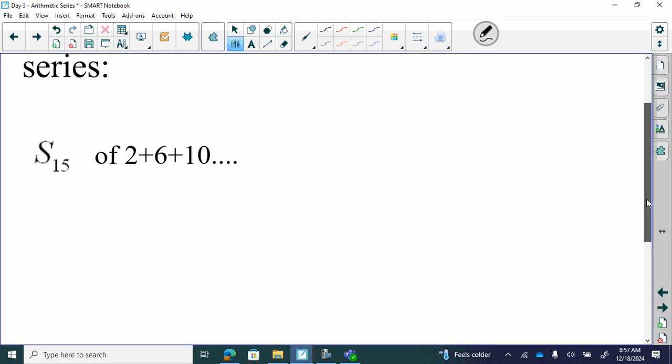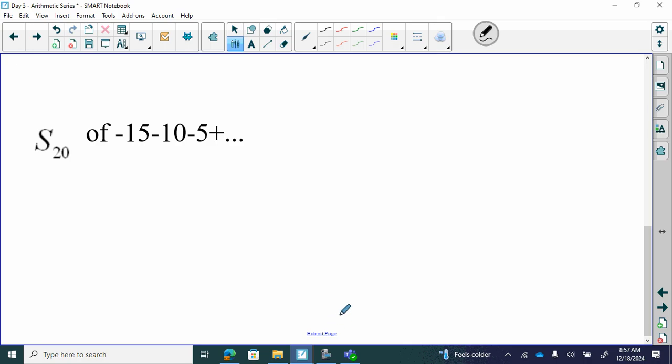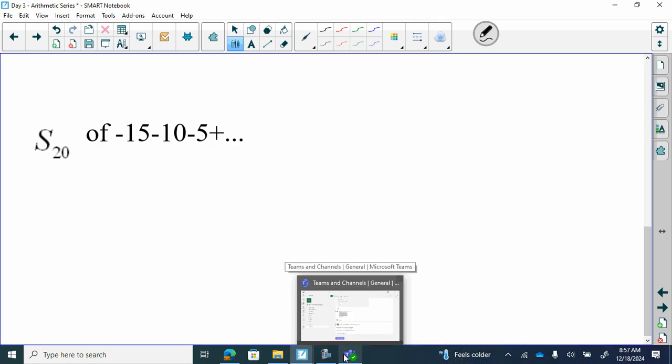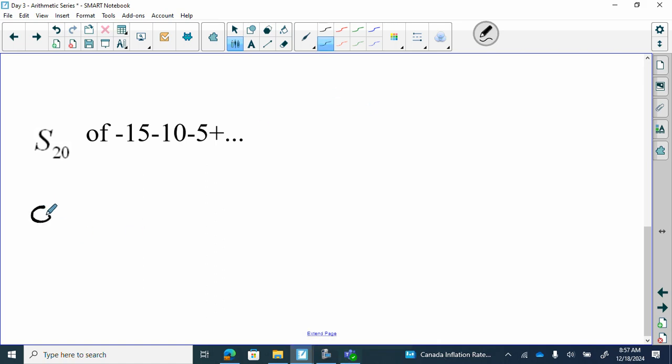Let's try this one down here, the one with the negative. Some negatives involved. What's it asking you to do? Find what? S20. So the first thing you should do with these questions is write down your given information. What do you notice right off the get?